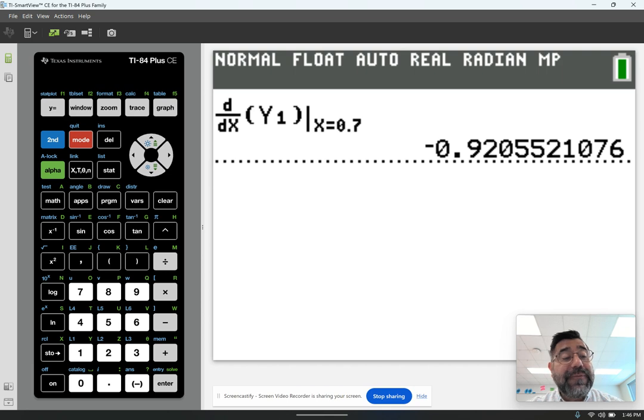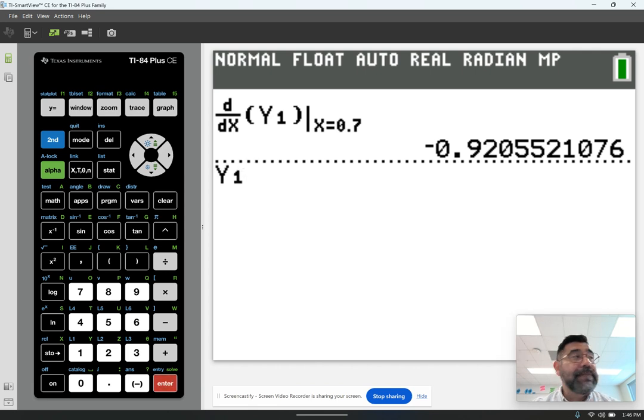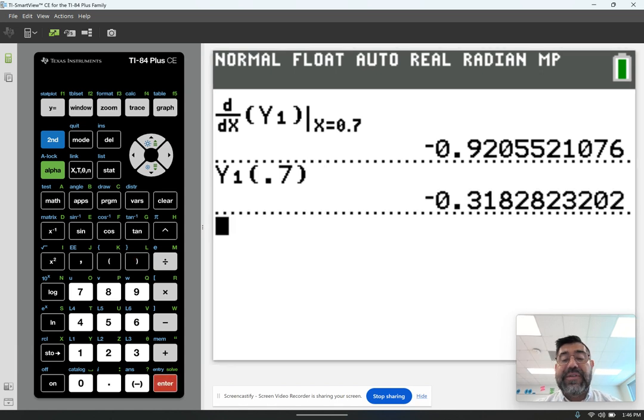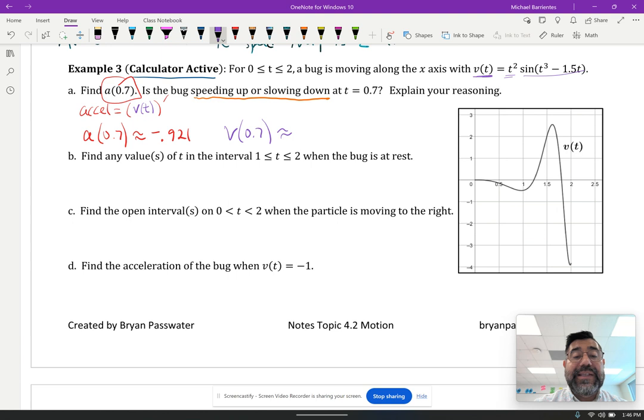So I'm going to bring up the formula, alpha trace. I'm going to choose option number 1. And I'm going to treat it like function notation. You know how when we do f of 3 or v of 3, here we're going to do y1 of 0.7. The calculator knows that you're using the formula that's saved in y1 and you're plugging in 0.7, and it's going to spit out the answer which is negative 0.318. Negative 0.318 is the velocity.